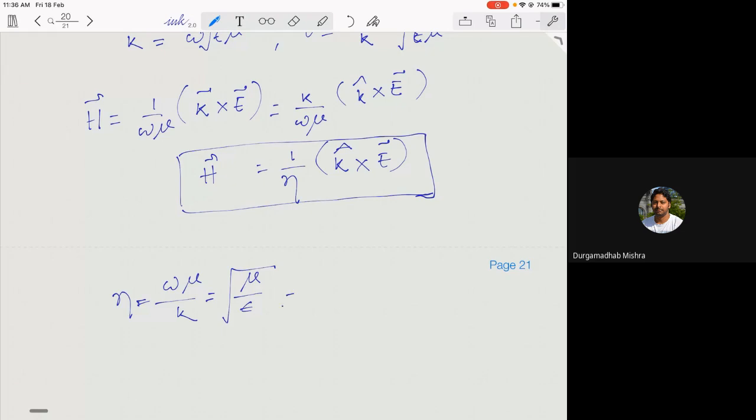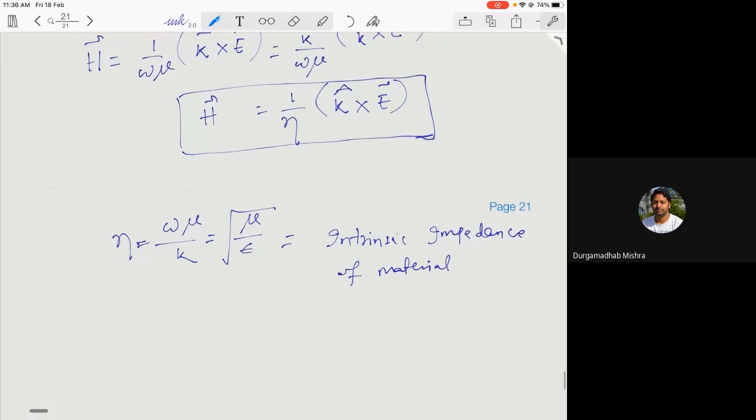This term is known as intrinsic impedance, the intrinsic impedance of the material. Why is it impedance? Because if you look at the dimension, the dimension of eta would be the dimension of E by the dimension of H, which comes out in ohms. That's why this is known as intrinsic impedance.